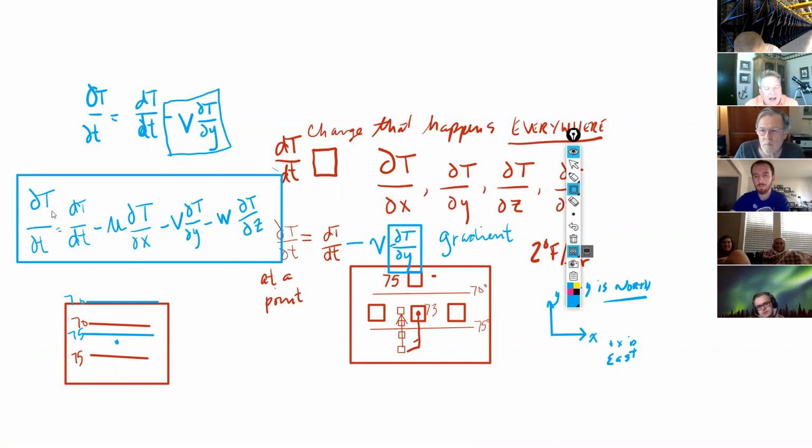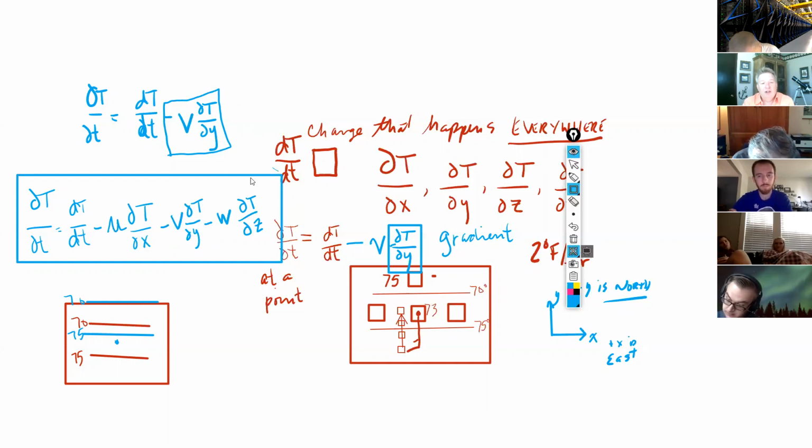So I'm going to say it once through, and I want to see if any of you can practice. The temperature change with respect to time at a point in the atmosphere is equal to the total change that's going to happen everywhere, minus the zonal wind times the zonal temperature gradient, minus the meridional wind times the meridional temperature gradient, minus the vertical wind times the vertical temperature gradient.